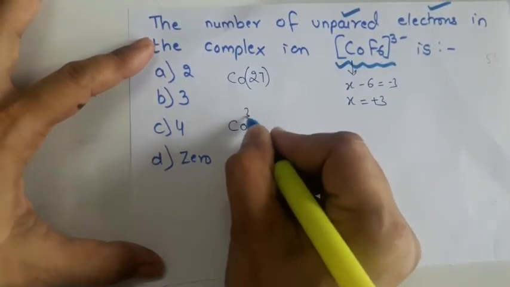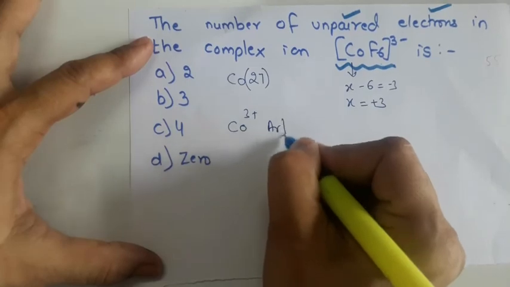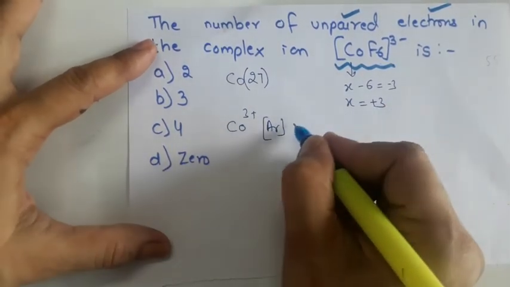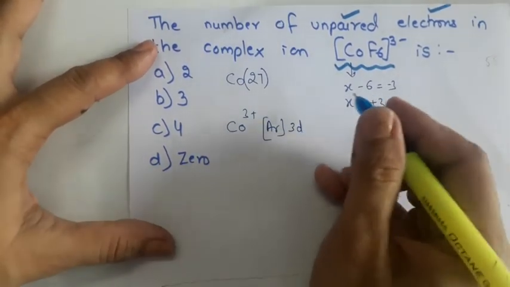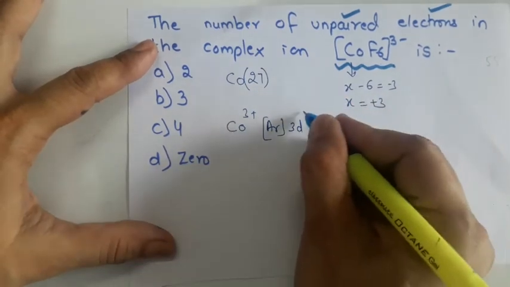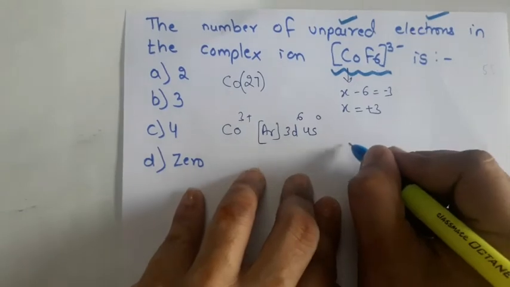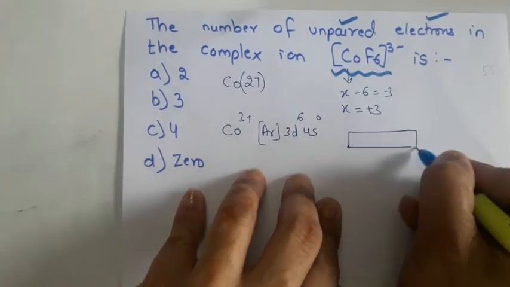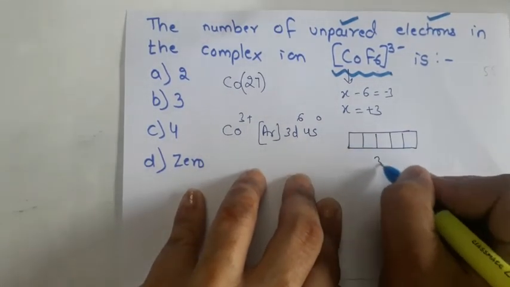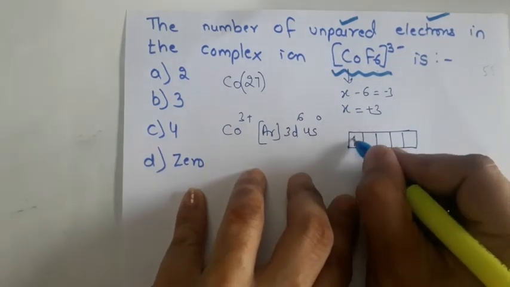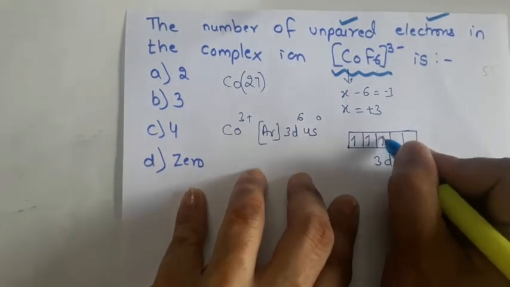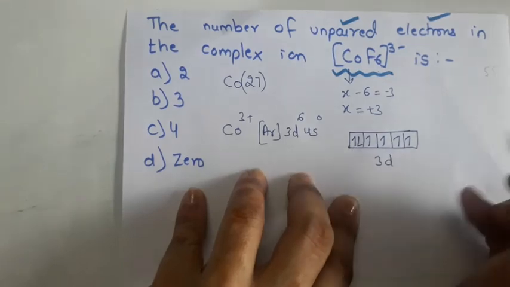So Co3+ is known to have the electronic configuration argon 3d7 4s2, so 3d6 4s0. Now when we place the electrons in the 3d orbital, we come to know it is 1 2 3 4 5 and 6.